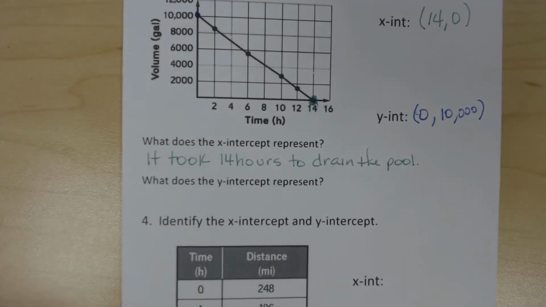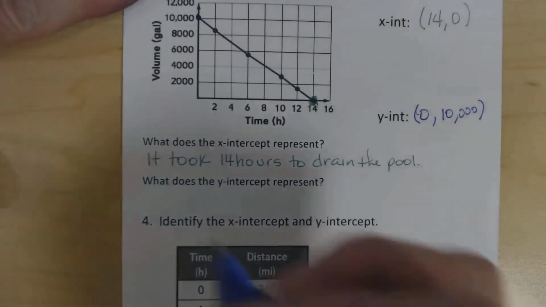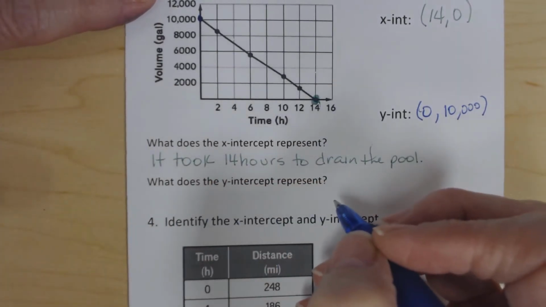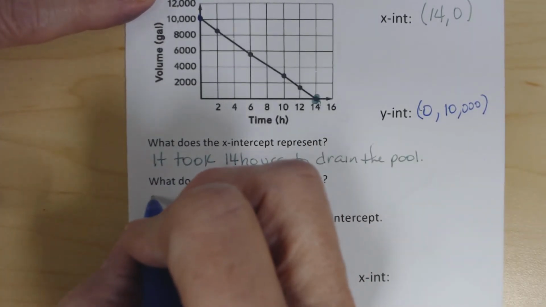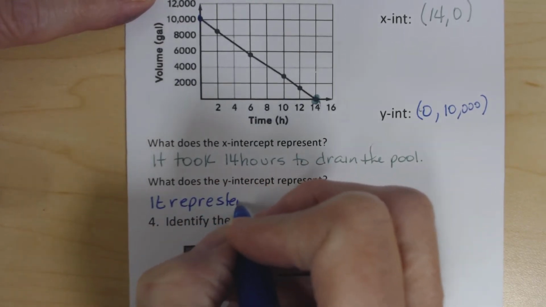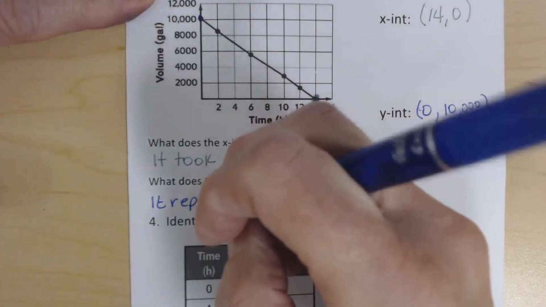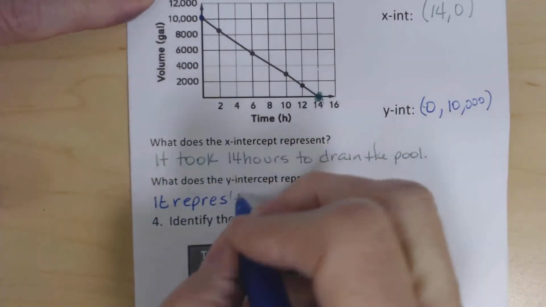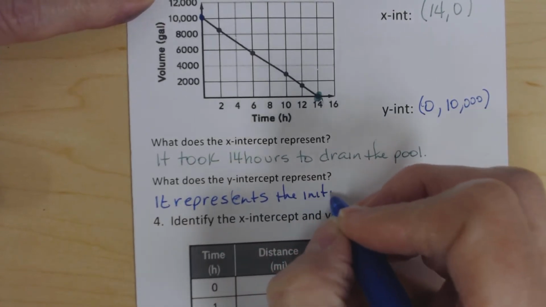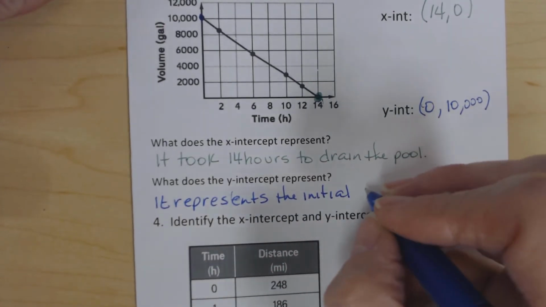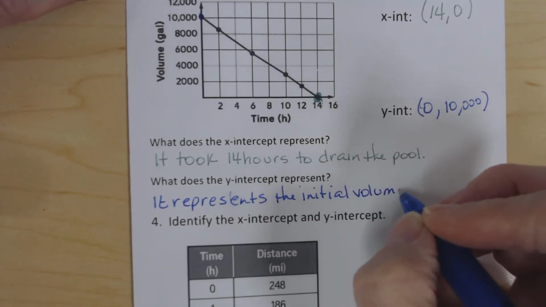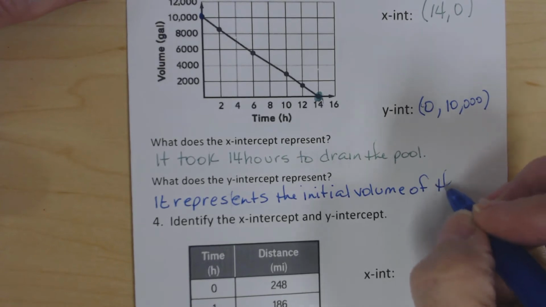What does the y-intercept represent? The y-intercept represents the initial volume of the pool.